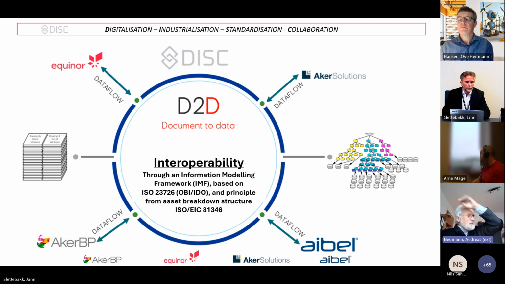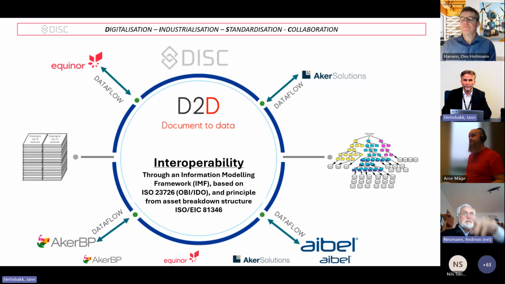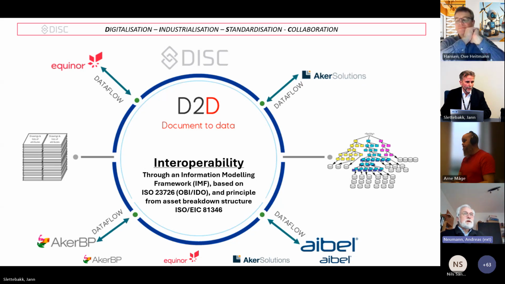for me, at the end, the data should be exchanged. What was mentioned is the point of interoperability, which is shown here in this slide as well. With this, you need to understand the semantics behind the data.